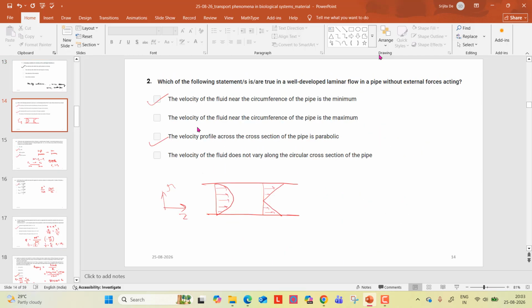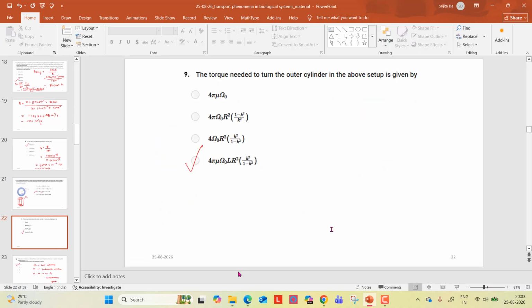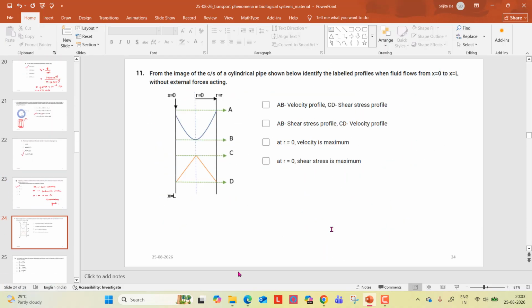First one is the velocity profile, and this is the stress profile. So AB is the velocity profile and CD is the shear stress profile. So it is option E.